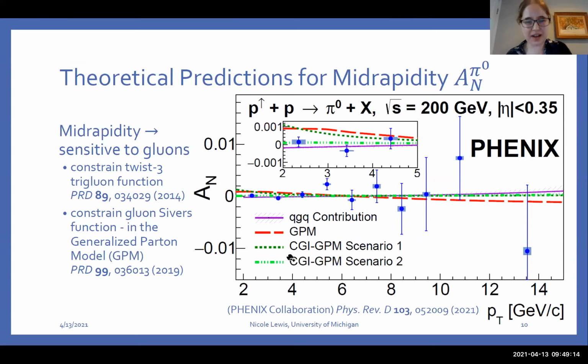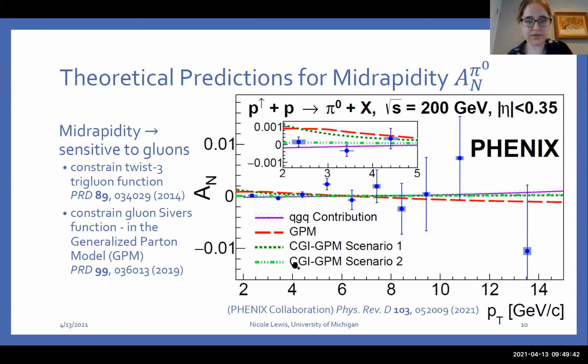The other 3 curves here are done using the Sivers function in what's called the generalized parton model. That's a framework that takes the kT moment of the Sivers function and also doesn't include next-to-leading order effects from interacting with the proton fragment. So that is this red curve right here.